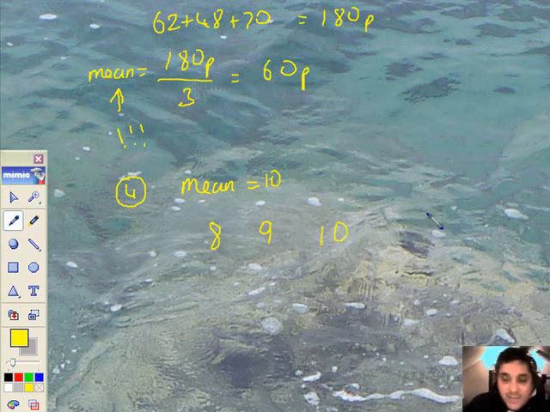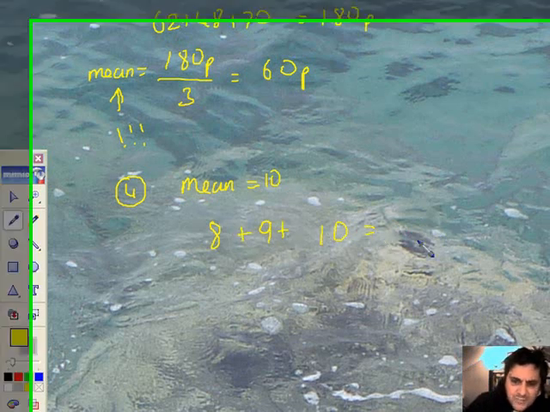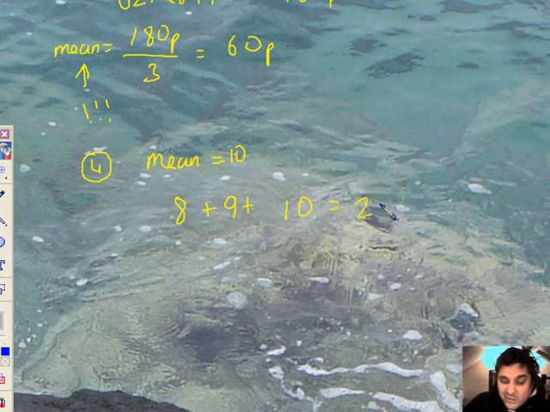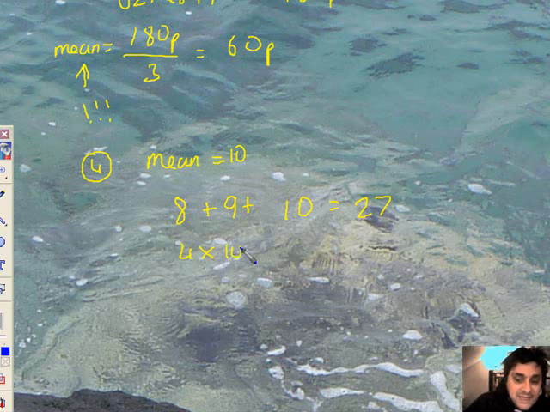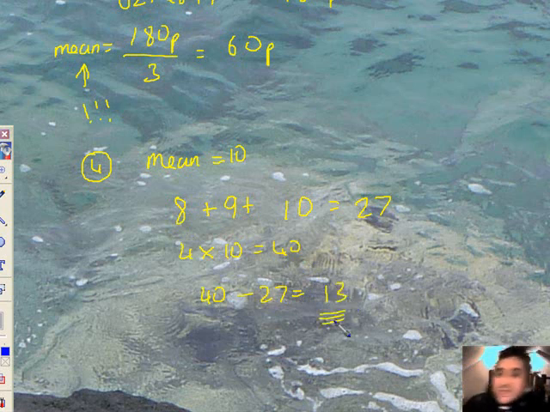If I add them up so far, I have got 27. Now, if it's the mean of 4 numbers, and the mean is 10, then the total's got to come to 40. So to find the last number, I take my 40 total, take away the 27 for the 3 I've got, that leaves me with 13. So the mystery missing number is 13.